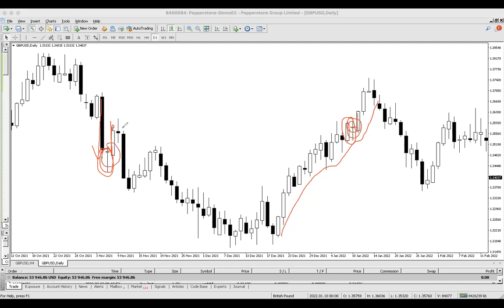All right, and then a spinning top was printed, and remember we said spinning top represents indecision. So if you were to trade this: first one, doji, meaning people are no longer selling. Immediately this candle came, which means people are buying. After people were buying, this candle was printed, which represents that now there is indecision.